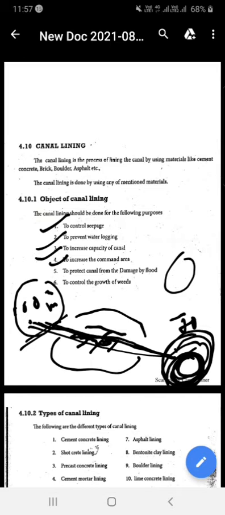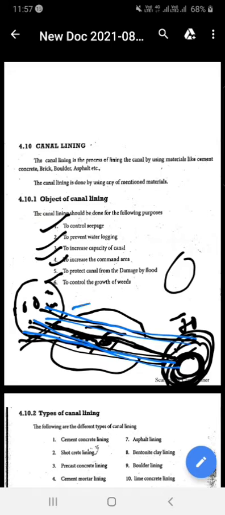Okay, so the next point is to protect the canal from damage by floods. Suppose this is the canal, and this canal is being lined. Now what happens when a flood comes? It floods the entire area.